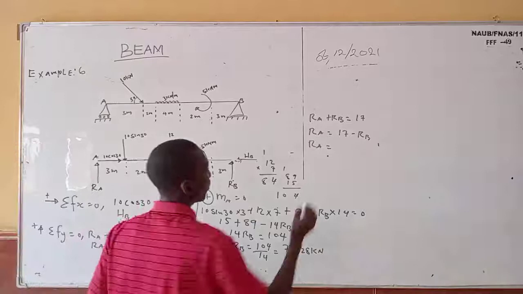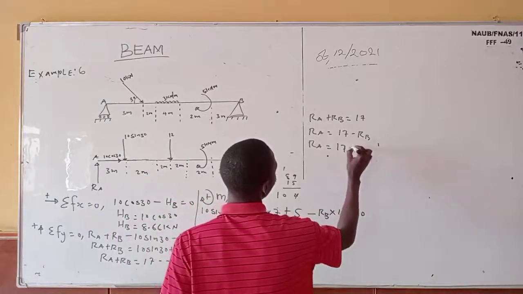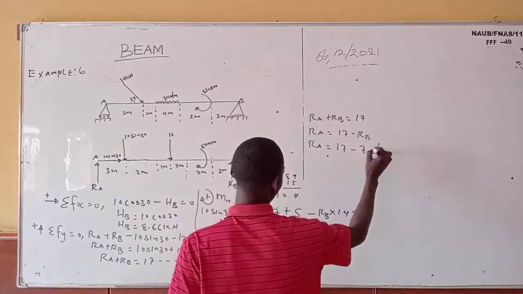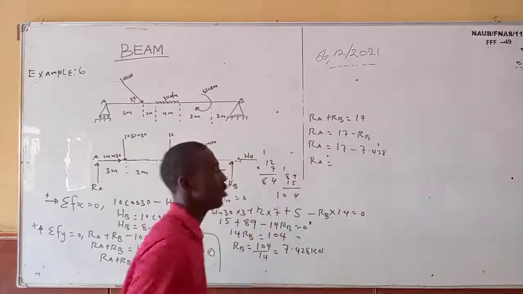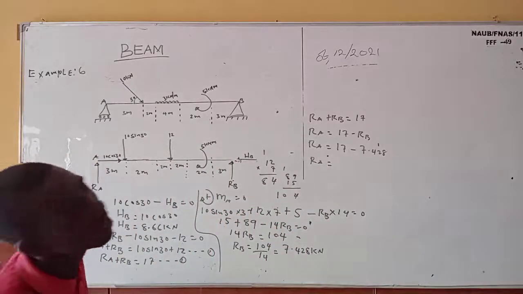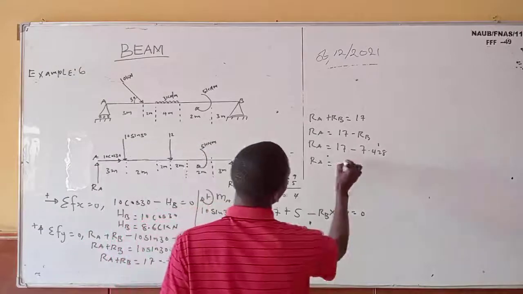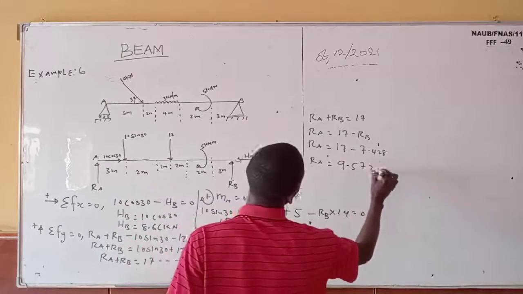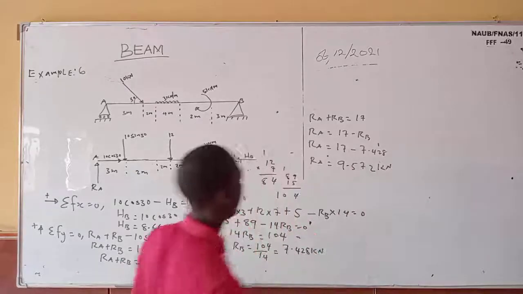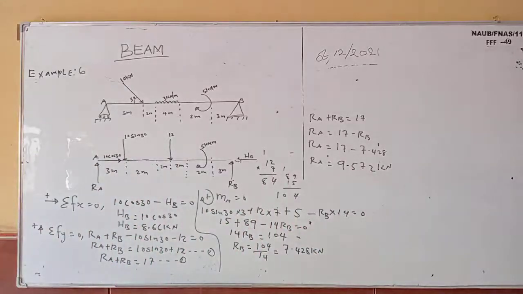RB is 7.428. So 17 minus 7.428, if you subtract this, you are going to get 9.572 kilonewton. So this is what we are going to get.